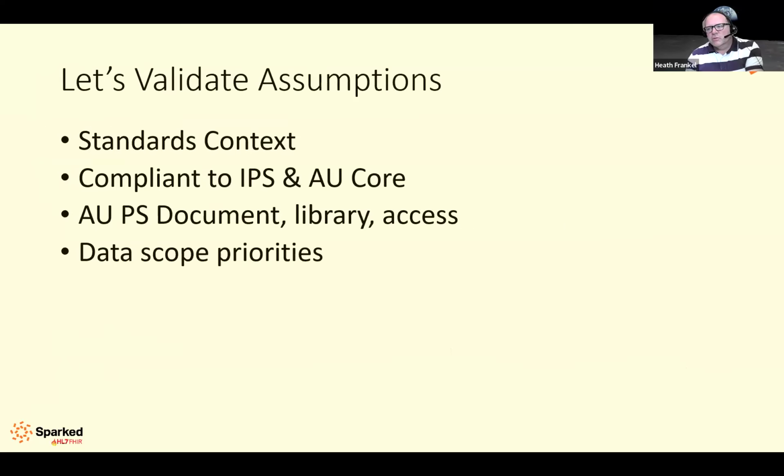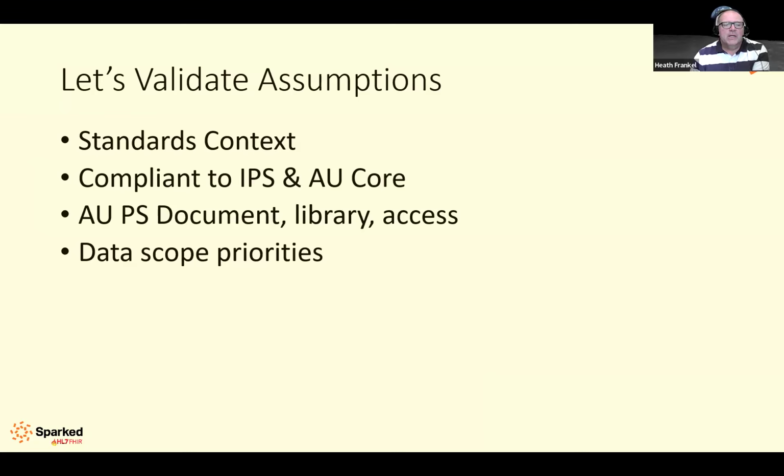Okay, so with the 10 minutes before leaving 5 at the end, we want to perhaps revisit some of the assumptions that we've made and validate those assumptions, in particular around the standards that we're going to base our AU patient summary implementation guide on.